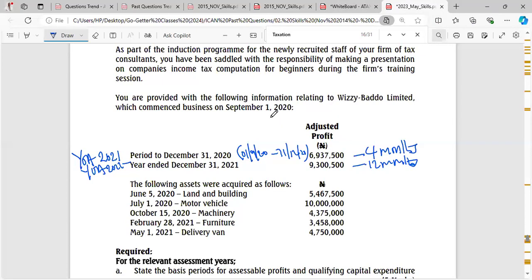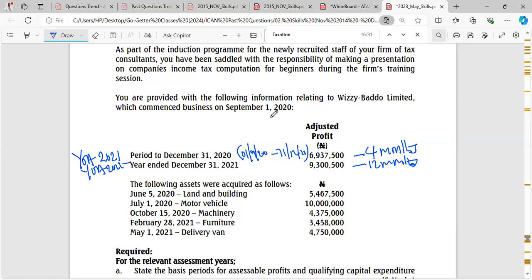Assessable profits would have overlap and perhaps gap, but capital allowance would not have overlap nor gap, but they would not harmonize.